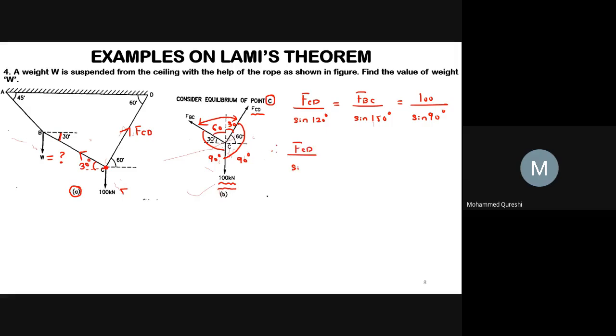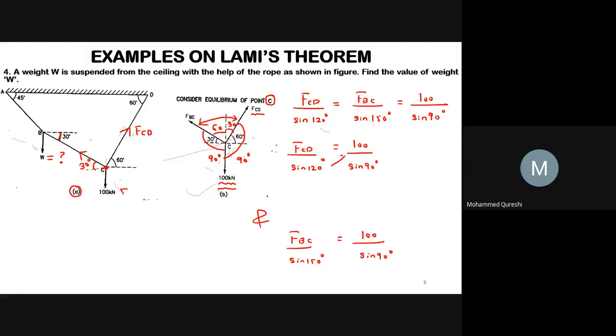Now FCD upon sine 120 degree equals 100 upon sine 90 degree, and FBC upon sine 150 degree equals 100 upon sine 90 degree.